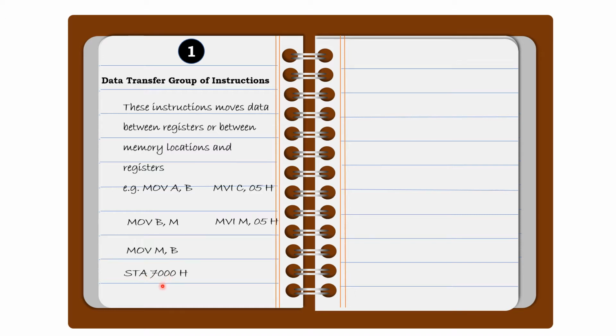So it is also moving a register's data, the accumulator data, to a given memory location. This also belongs to the data transfer group of instructions.